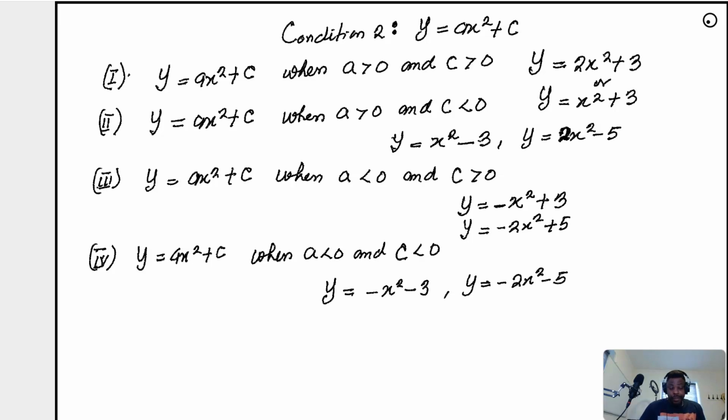So these are all the cases you can have on this condition. So we have 4 cases here on this condition too. So you see the changes, how it moves from one side to the other side. Let's dive right into it.